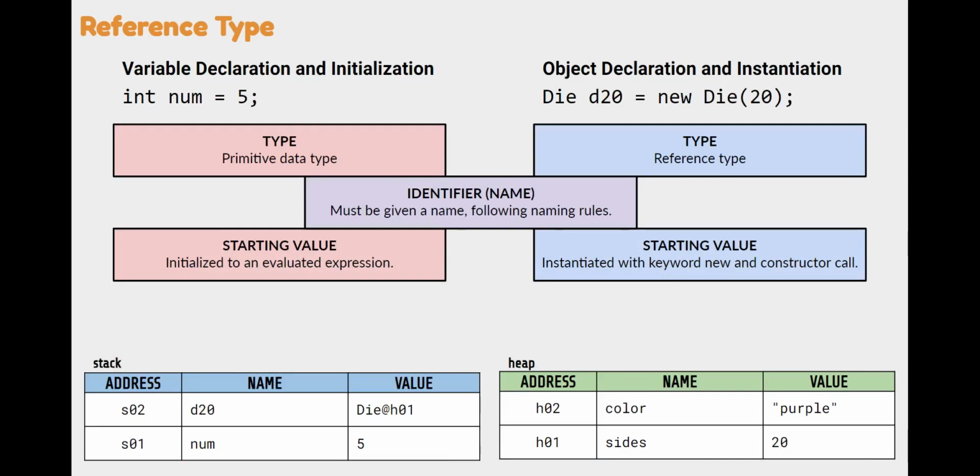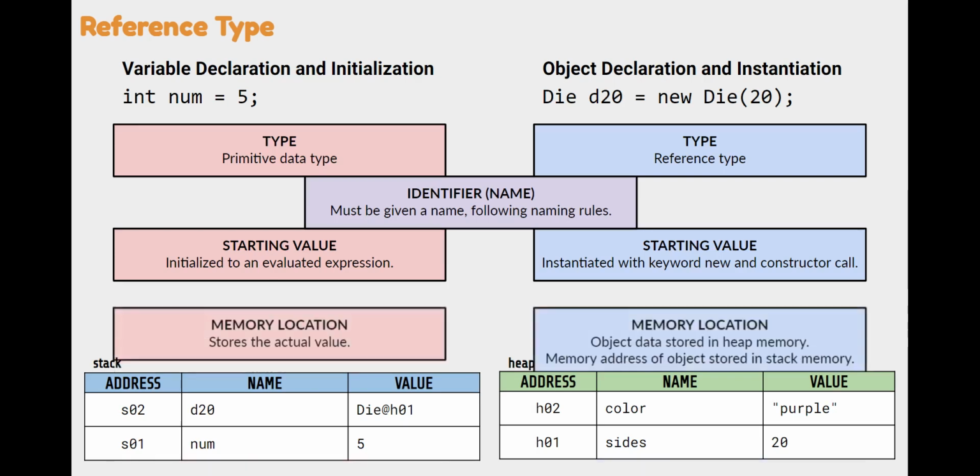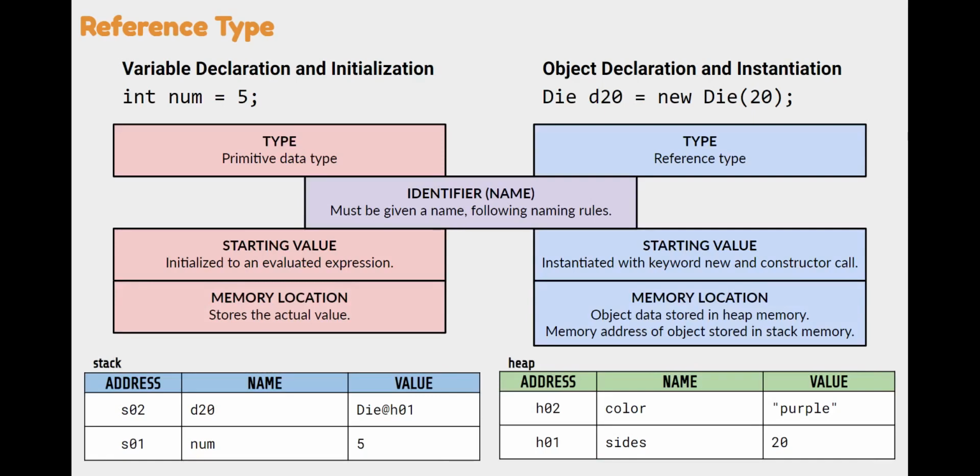On the right, we are instantiating with the keyword new, and we have a constructor call. And then when we look at the memory location, on the left, we are storing the actual value. On the right, our object data is stored in heap memory, and in stack memory, we have a reference to where that object data is stored.